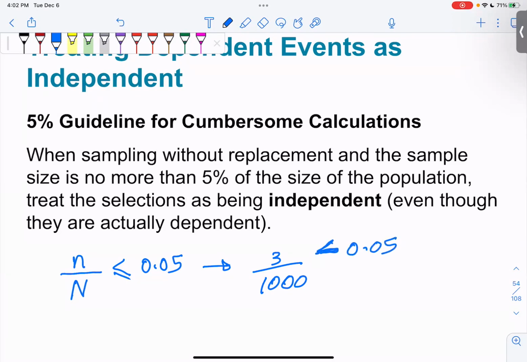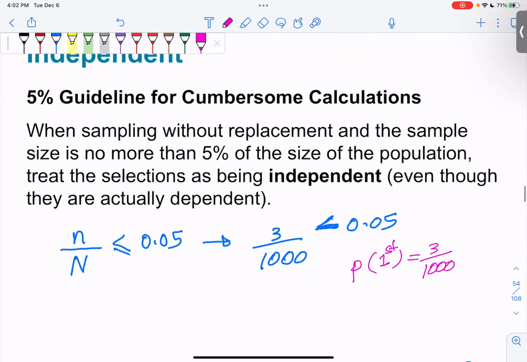That means when we choose for the first trial, the probability will be 3 divided by 1,000. And then for the second, imagine that we didn't return it back, so it will be 2 divided by 1,000.